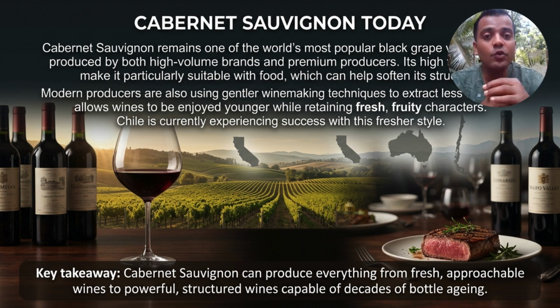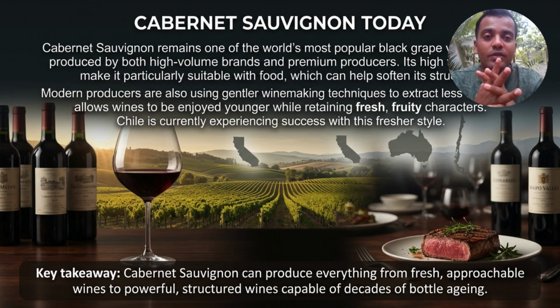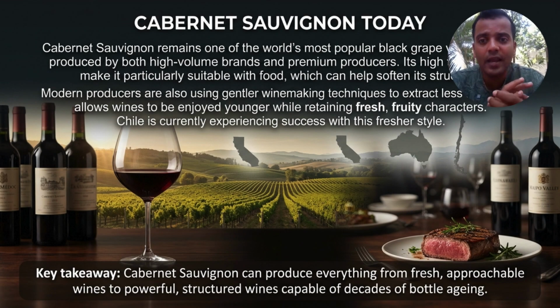I think it's due to the popularity of this grape variety as well as the availability of a whole range of styles from it. It is produced by both high volume brands and premium producers. So high volume inexpensive wines can be found in our cellars and wine shops, as well as really expensive, high quality, age-worthy wines. Its high tannin makes it particularly suitable for food, which can help soften its structure.